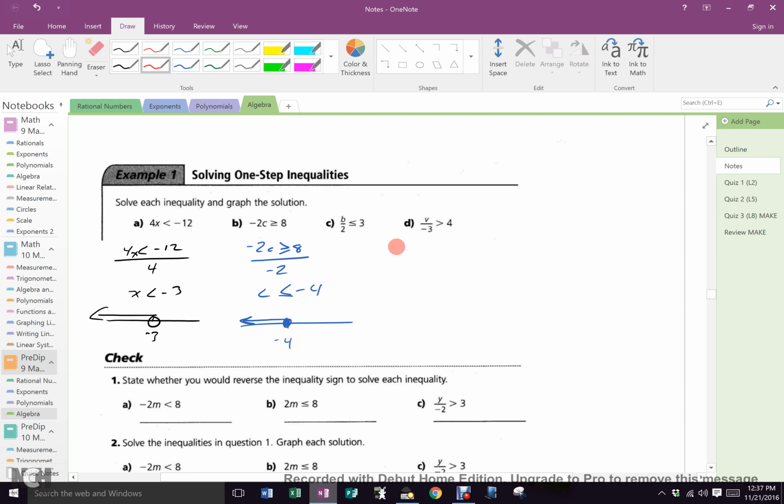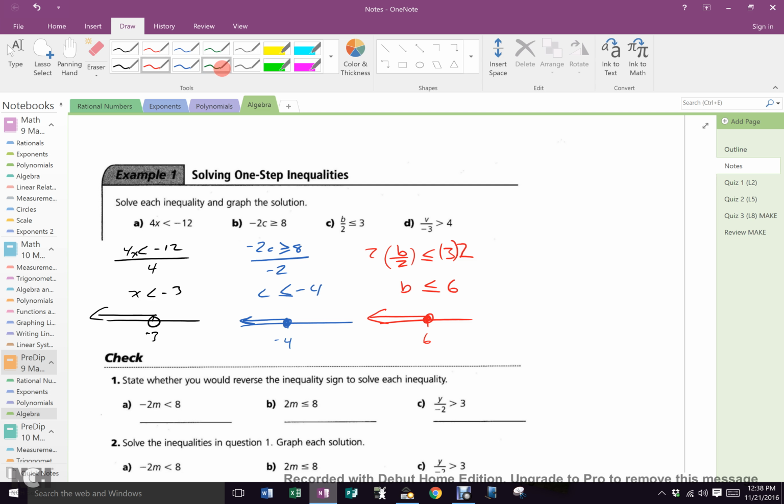And next, b over 2 is less than or equal to 3. Multiply both sides by 2. b is less than or equal to 6. Yes. 6, closed, and it goes left.